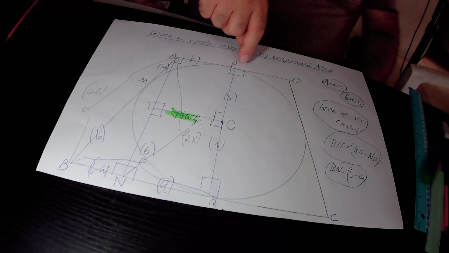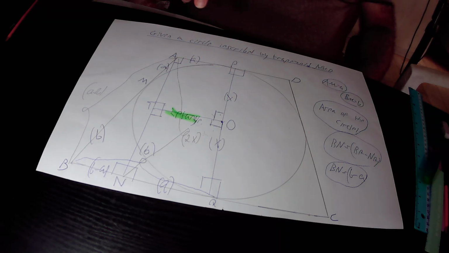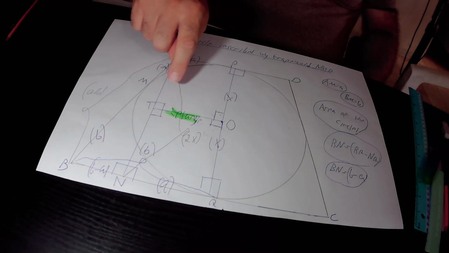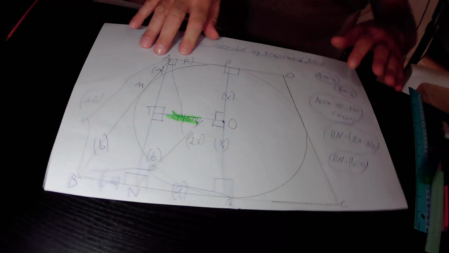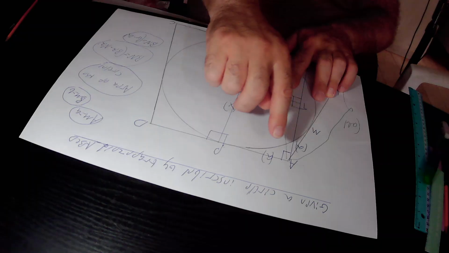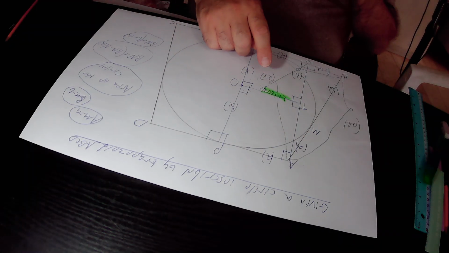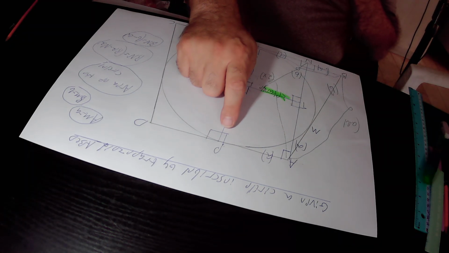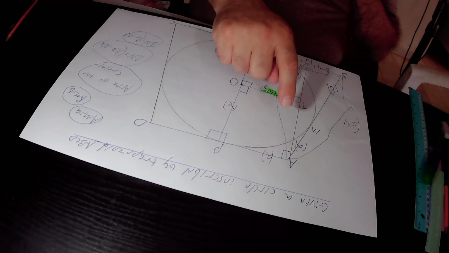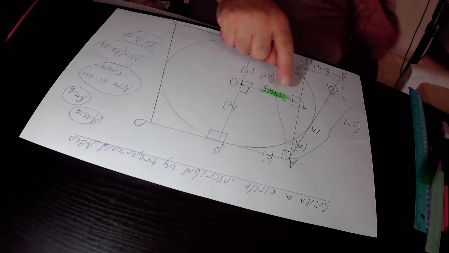Inside this quadrangle APOT, we have 3 right angles.